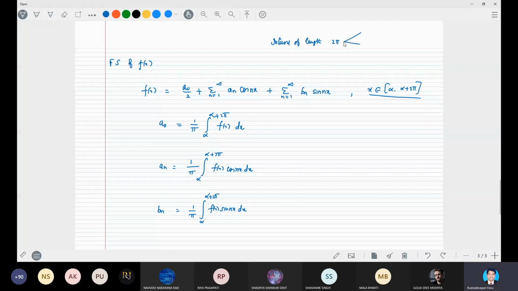Can anybody say what are those? The periodic function with period 2 pi, that interval can be classified into 3 ways.